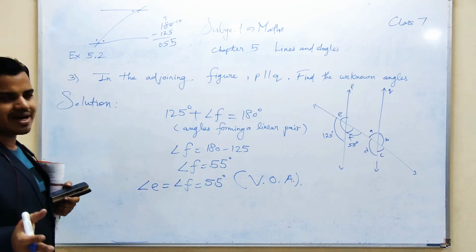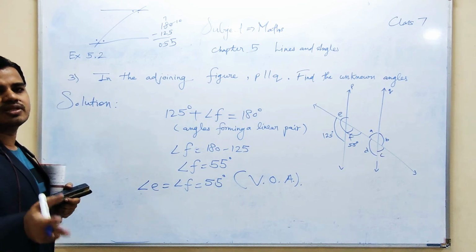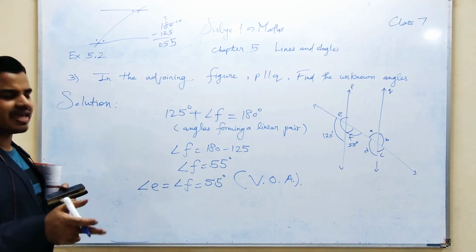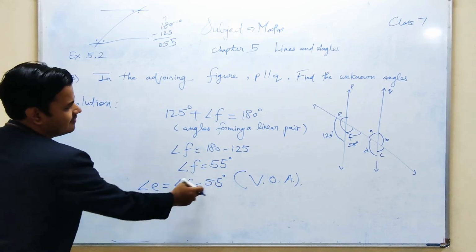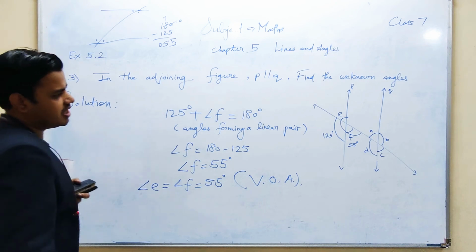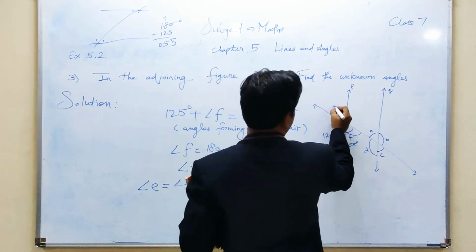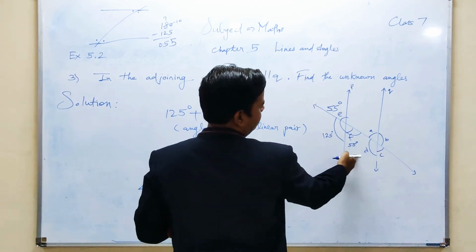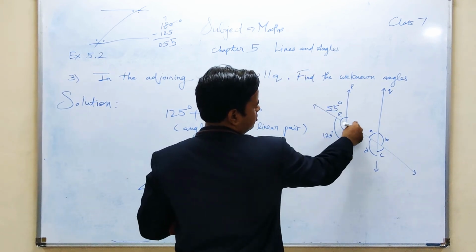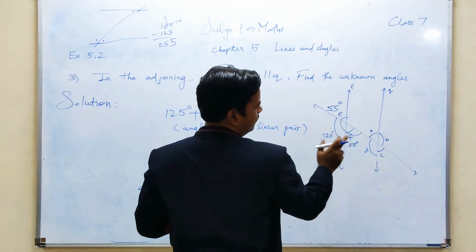If two lines are parallel, then the vertically opposite angles created by the transversal are equal. So here we have got this also, 55 degree. So this is 125, this is 55, this is 55. This will also be 125, but that we don't have to find out.